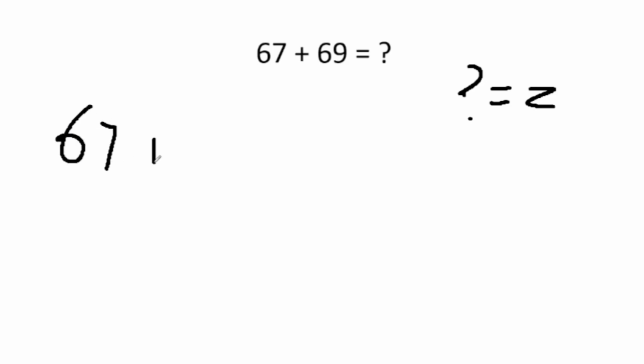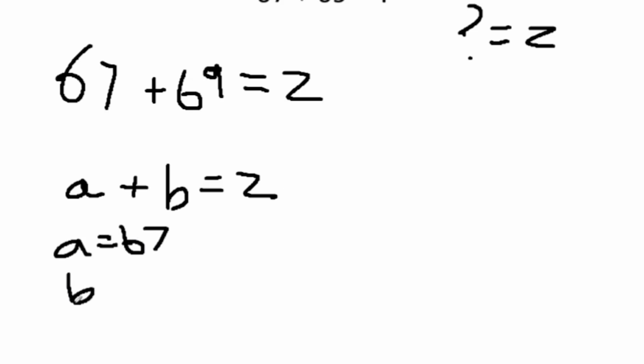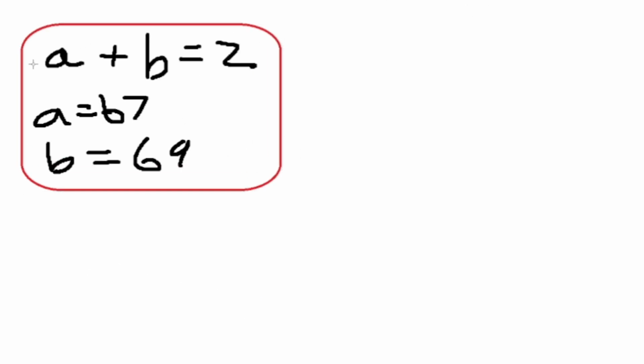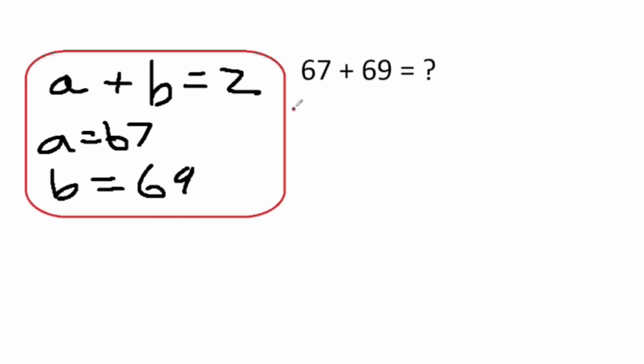So 67 plus 69, I almost wrote 67 twice, is equal to z. Let's say a plus b is equal to z, where a is equal to 67 and b is equal to 69. Let's put a box around this and bring it back up to the top. Oh wait, we're already at the top. Alright, now let's start doing some math.